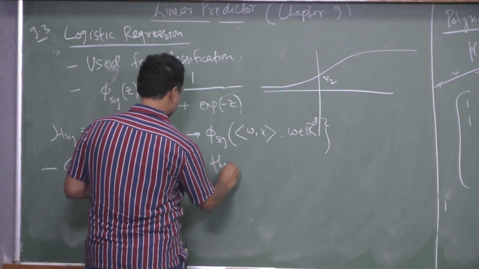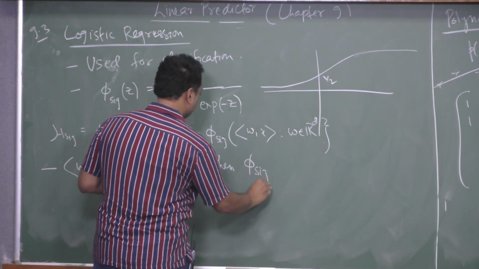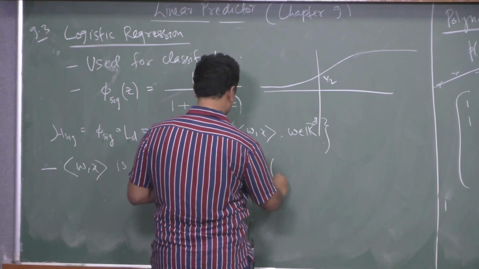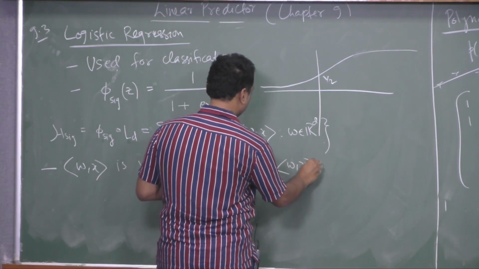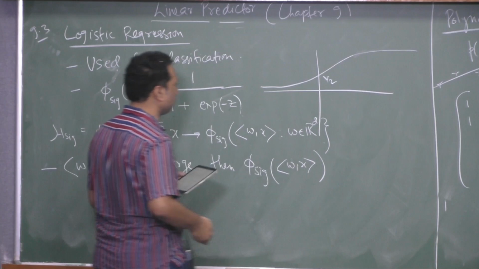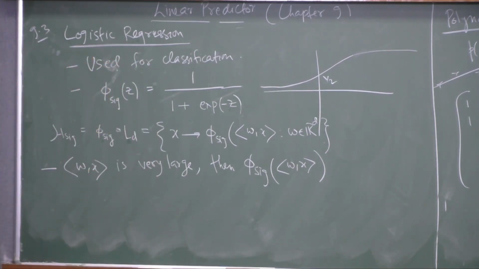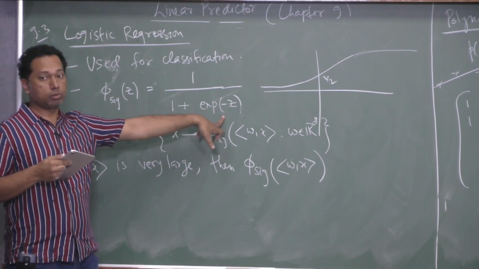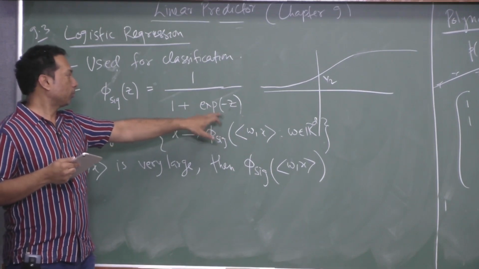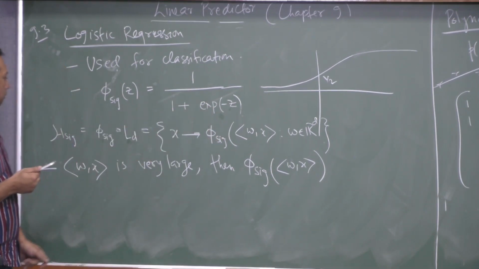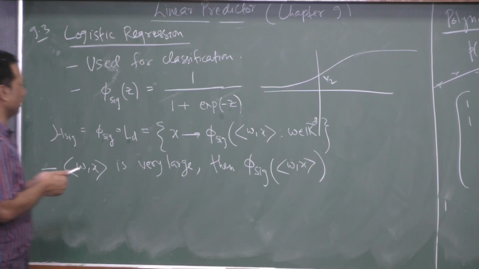Then phi sigmoid of W transpose X is where? If the argument z is very large, what will happen? Phi sigmoid will go to 1, right? So you agree? If z is large, this will go to 1.